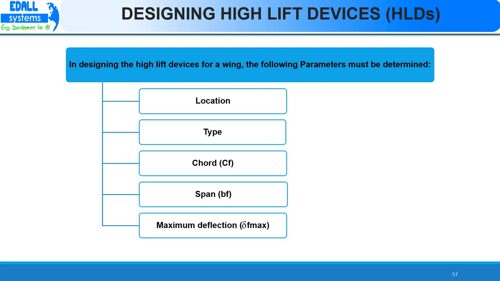The location and type of high-lift device must be selected through evaluation and analysis technique by considering all advantages and disadvantages of each as per our design requirements. The chord, span, and maximum deflection parameters should be determined through a series of calculations.